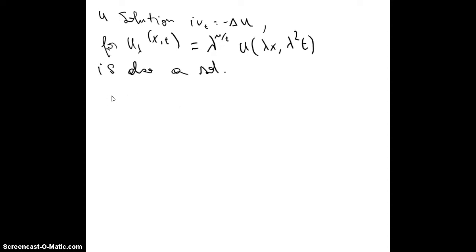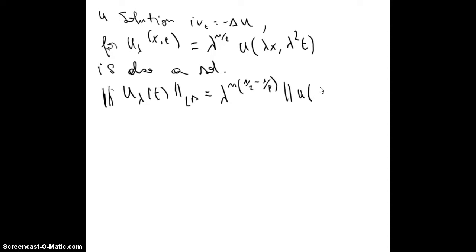So it verifies that the norm of u_λ(t) in L^p is equal to λ^{n(1/2 - 1/p)} multiplied by the norm of u(λ²t) in L^p.